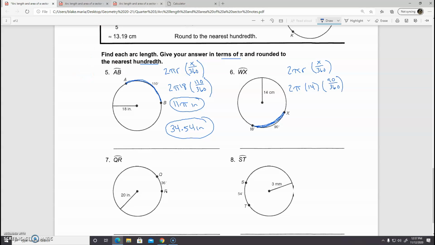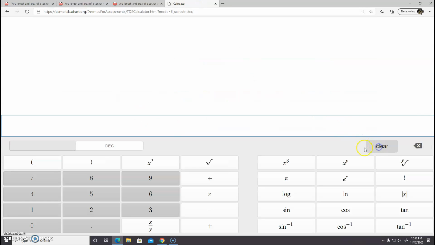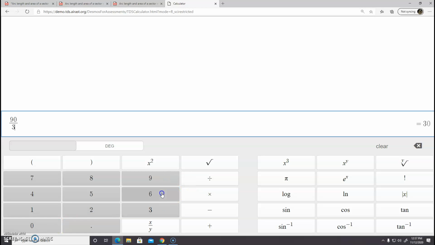This will probably be the last one that I use the calculator on, and then you guys can use the calculator on the rest of them. So where are we at? 90 divided by 360 times 2 times 14. And I got 7 pi.